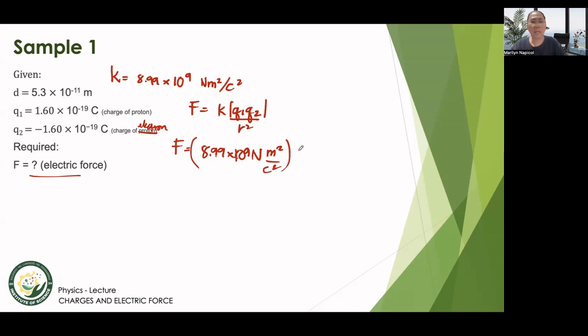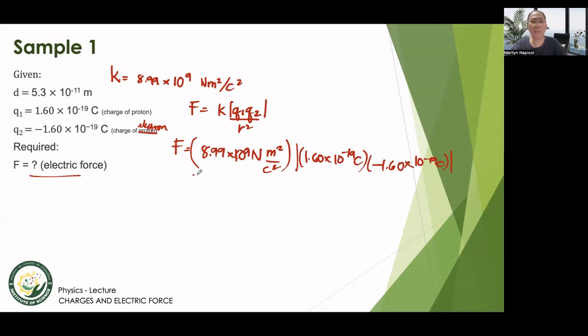And then, ito ay nakamultiply dito sa Q1, which is 1.60 times 10 raised to negative 19 Coulomb. And then yung isa naman ay negative 1.60 times 10 raised to negative 19 Coulomb. Yan. Absolute value. Ibig sabihin, it doesn't matter whether positive or negative yan.